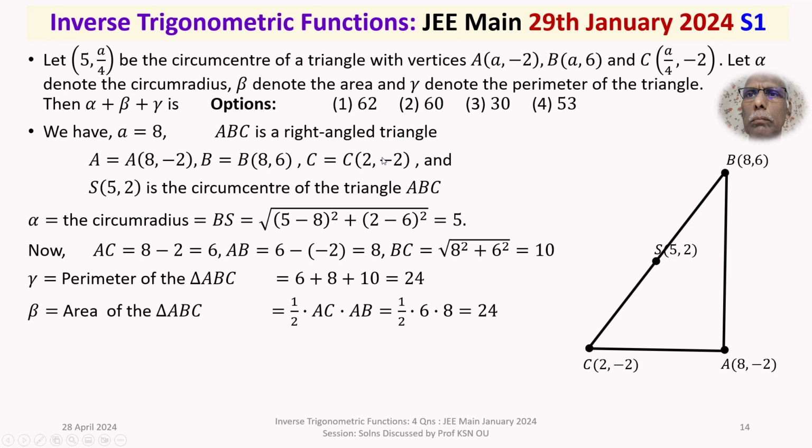So now we know alpha, beta, gamma, so we want alpha plus beta plus gamma. That will be equal to alpha is 5 plus beta is 24 plus gamma 24. The sum is 53. So let's look at the options. So our answer is appearing against option 4. Therefore, the answer is option 4.